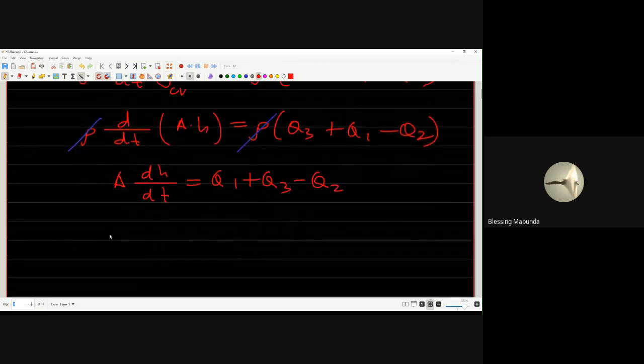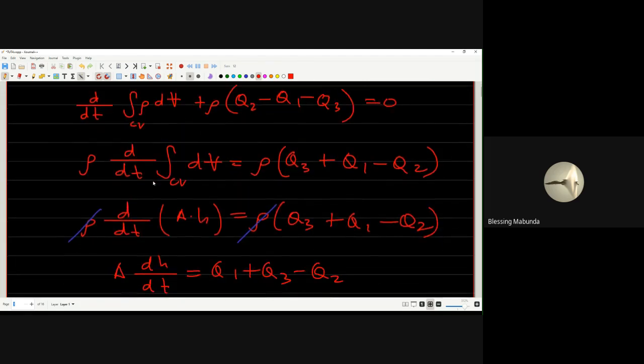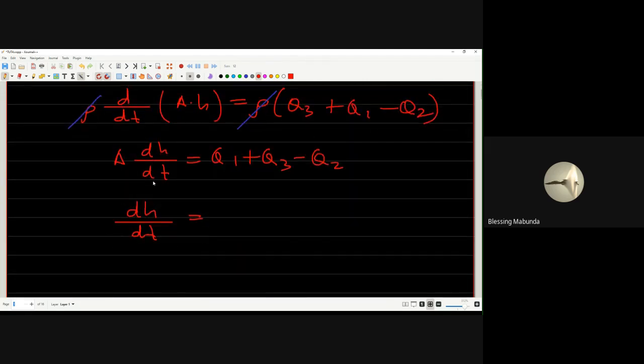And our area we base on our diameter. So dH/dt is Q1 plus Q3 minus Q2 divided by pi/4 D squared, as I've shown you before, how this comes to be.